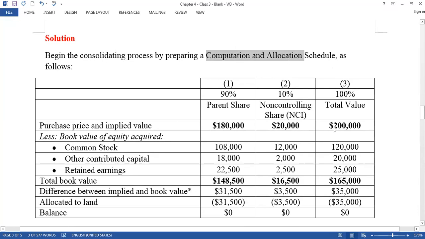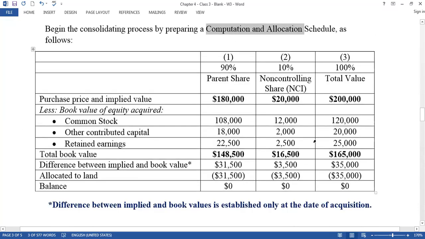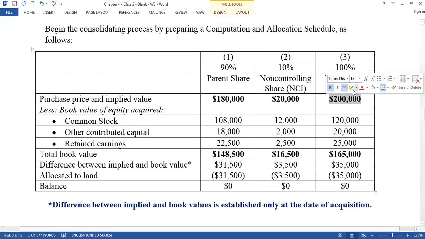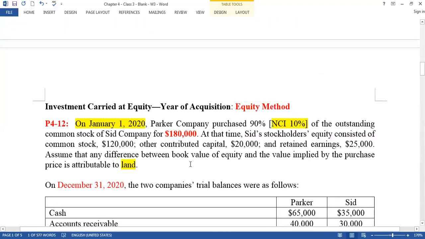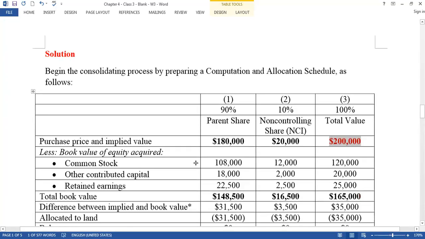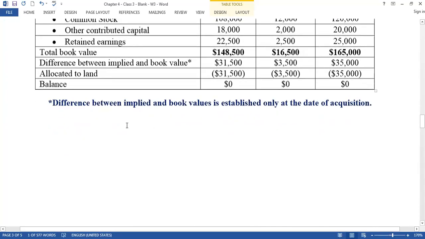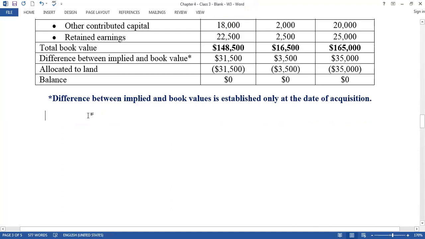Last several classes, I also explained this schedule, so I am not going to explain too much. We have to understand how this number came about. So the total value, 100%, is $200,000. It is not given in any part of the question, but you have to calculate the total value of this company, because we paid $180,000 for 90%.